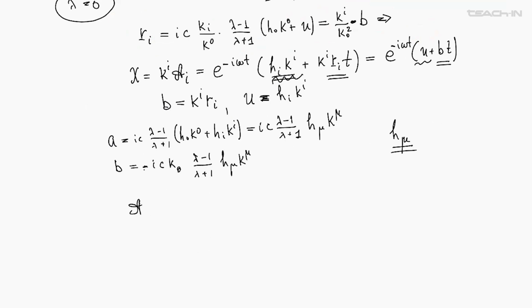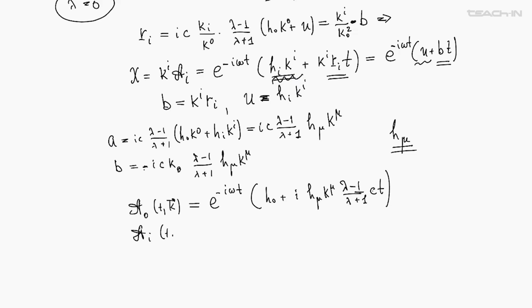If you come back to our ansatz, it's e^{-iωt}, (h0 + i h_μ k^μ multiplied by (λ-1)/(λ+1) ct), and A curly i on t,k is equal to e^{-iωt}, (h_i + i h_μ k^μ k_i divided by k0 squared, (λ-1)/(λ+1) ct).